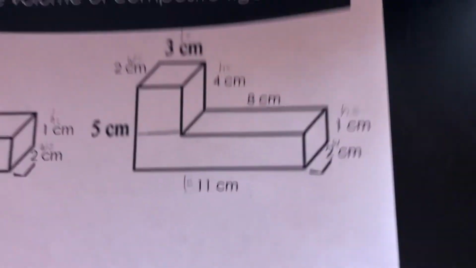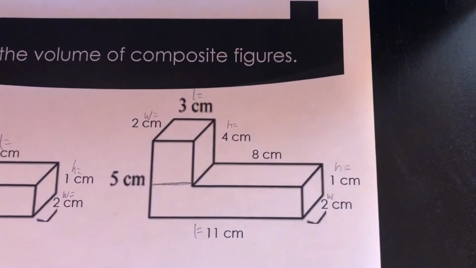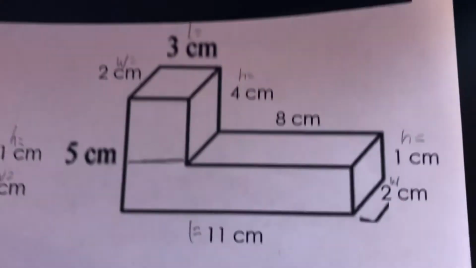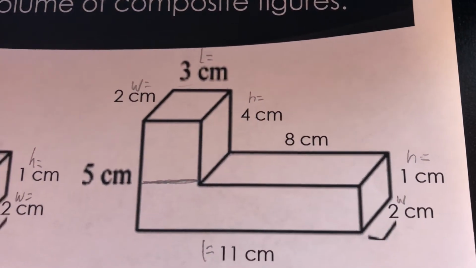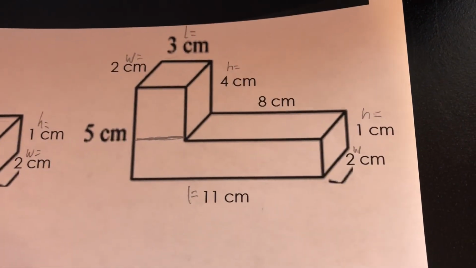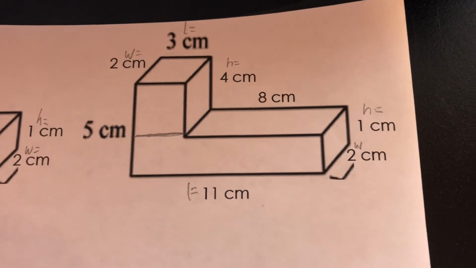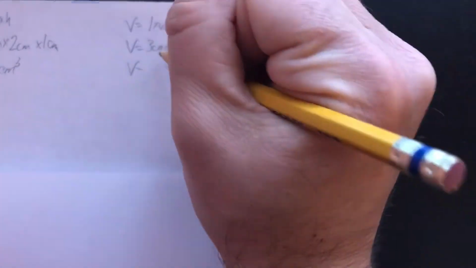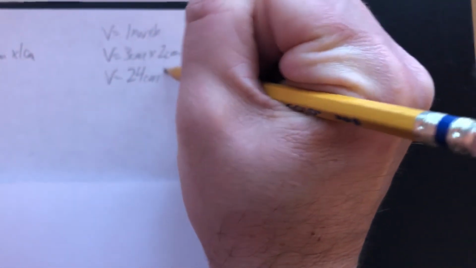Okay, so let's go ahead and see how we did finding the volume there. So let's look at the smaller one on top. Volume equals length times width times height. Volume equals 3 centimeters by 2 centimeters by 4 centimeters. So 3 times 2 equals 6, times 4 equals 24 cubic centimeters.